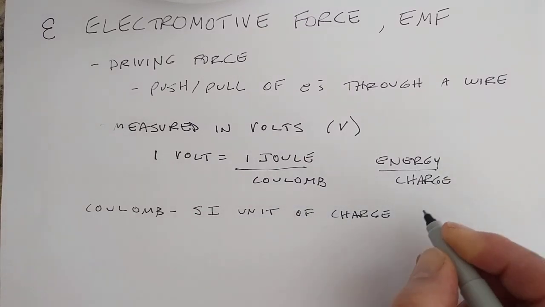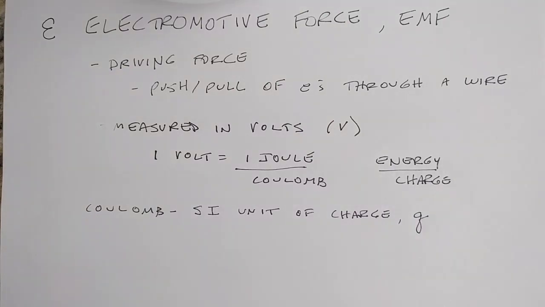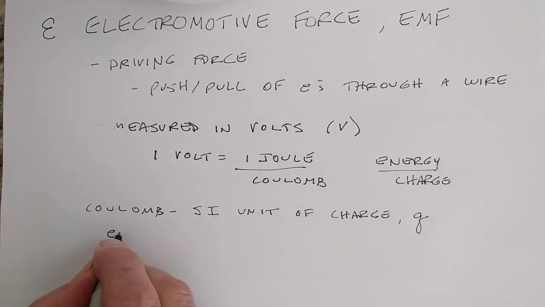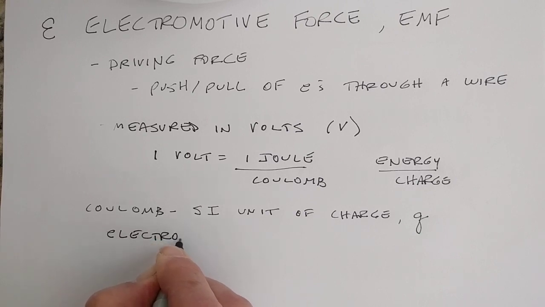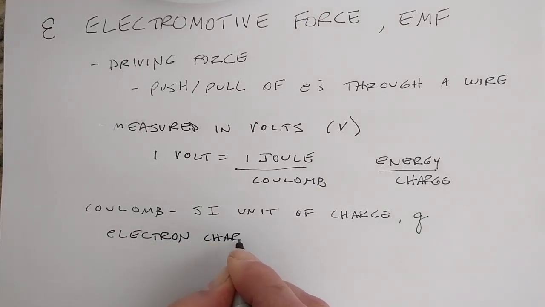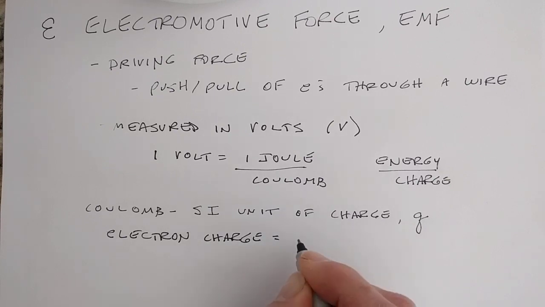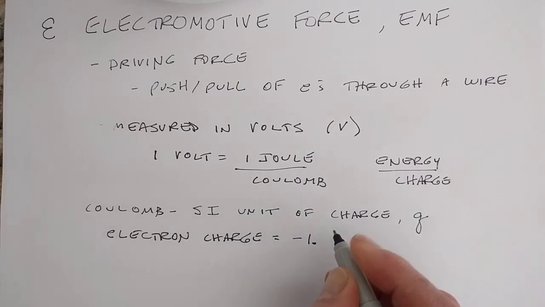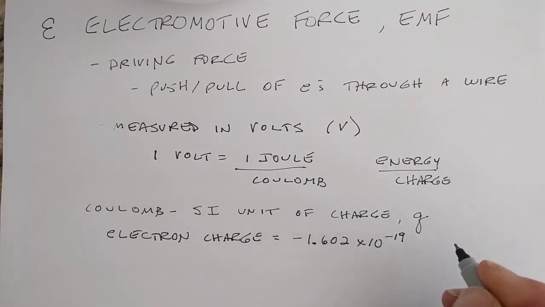charge. And we represent charge by a lowercase q, not to be confused with the thermodynamic Q. This is charge Q, lowercase q. So the electron charge, which we think of as -1, is equal to negative 1.602 times 10 to the negative 19th coulombs, which we can abbreviate with the lowercase c.